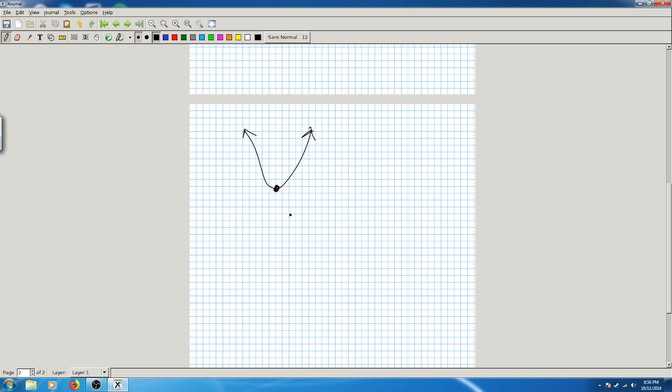This guy at the bottom here is called the vertex. Now if I drew a downward facing parabola, this guy would also be the vertex. It's at that same point in the middle.